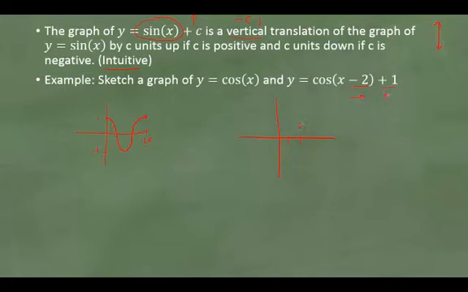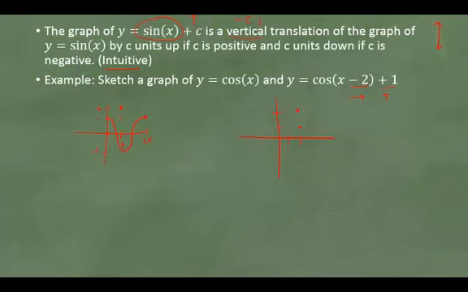So same thing for this starting point of 1. It's going to move it 2, 1, 2, and it's going to move it up 1. And that's where it's going to start. So it's going to start at 2, 2. Just like that.